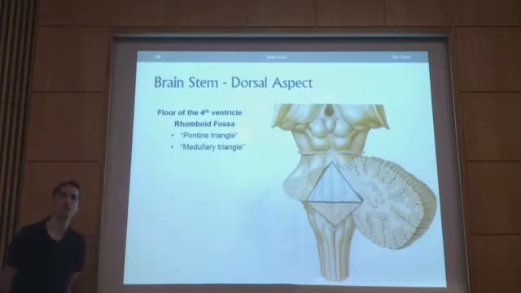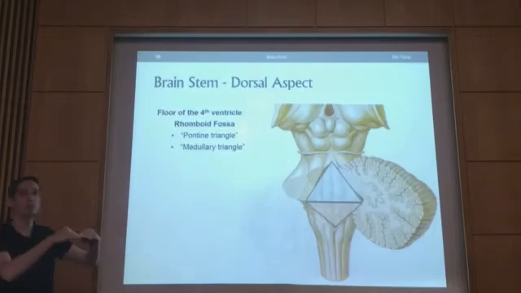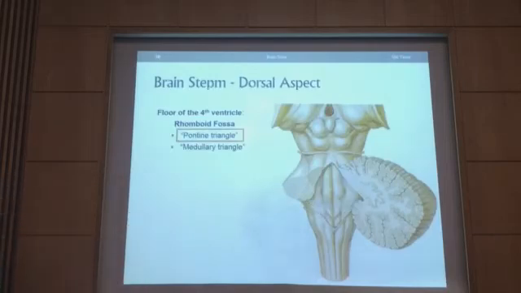This is the part of the medulla oblongata that we see in the dorsal aspect. Okay, so the floor of the fourth ventricle has the shape of a rhomboid. The top triangle of this rhomboid is the part of the pons, and the lower triangle is a part of the medulla. So let us describe the pontine triangle first.